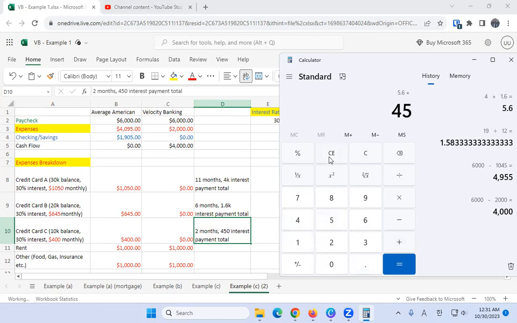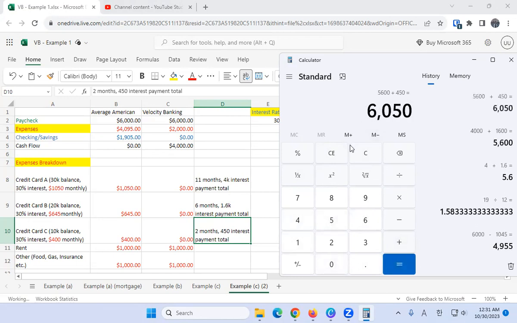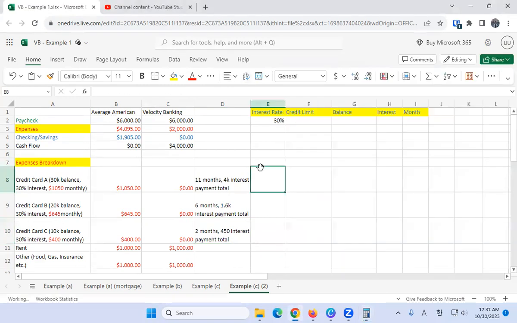Oh, hold on. I'm screwed up. 4,000 plus 1,600 plus 450. So we paid about $6,000 of interest, which is not bad. I mean, 6,000 for 60,000. To use $60,000 of funds at 30% interest, only $6,000. Not bad at all, right?